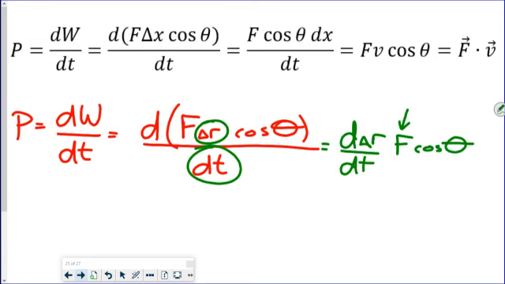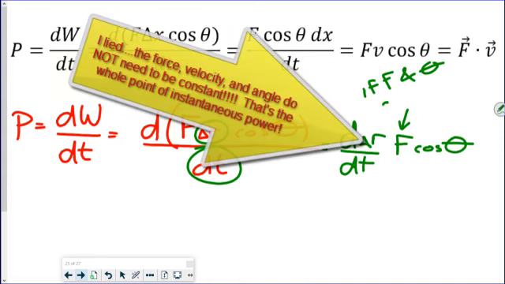Notice here I'm assuming your force and your angle are constant, all right? So remember here that in this equation, F delta r cosine theta, your theta is the angle between your force and your displacement, all right?